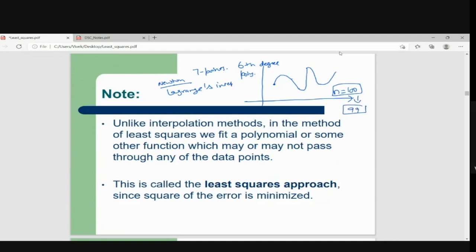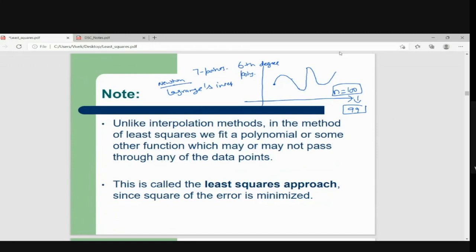And if you are dealing with a degree 99 polynomial, then even if you want to find its roots, or do some algebra with that polynomial, it is not possible. Even with the computer, it is going to take a much longer time to do post processing of that polynomial.